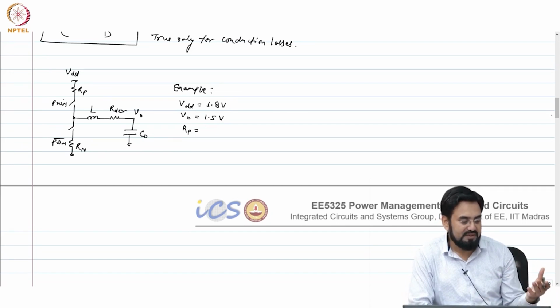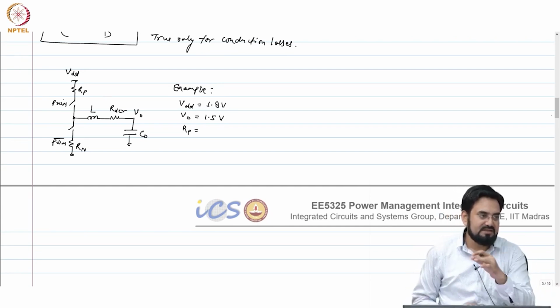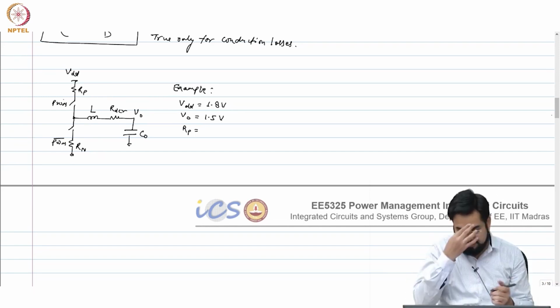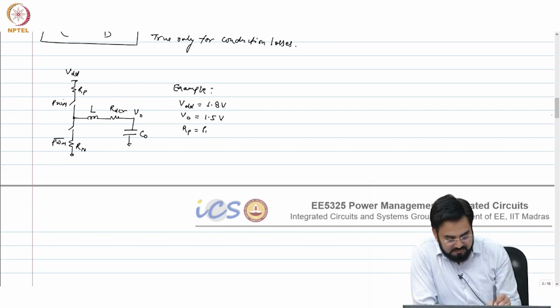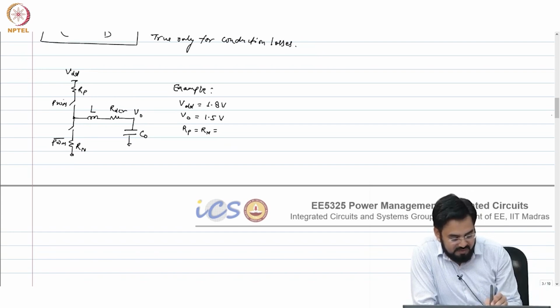So, the total loss will be the R resistance actually, because it is 1 minus D plus D. So, D will cancel out. But if RP and RN are different, then you have to take that 1 minus D and D factor into account, because in that case your losses will change.